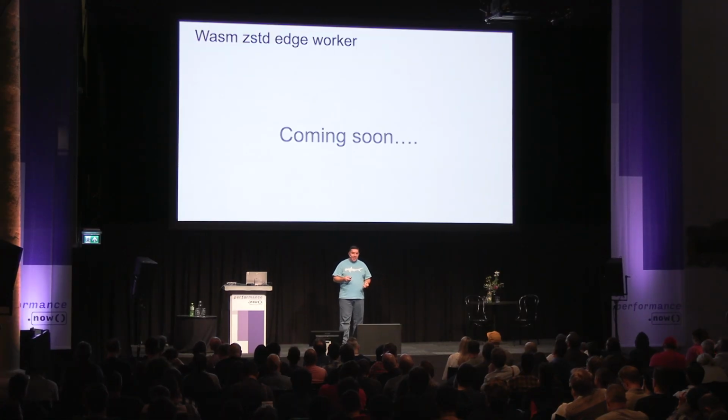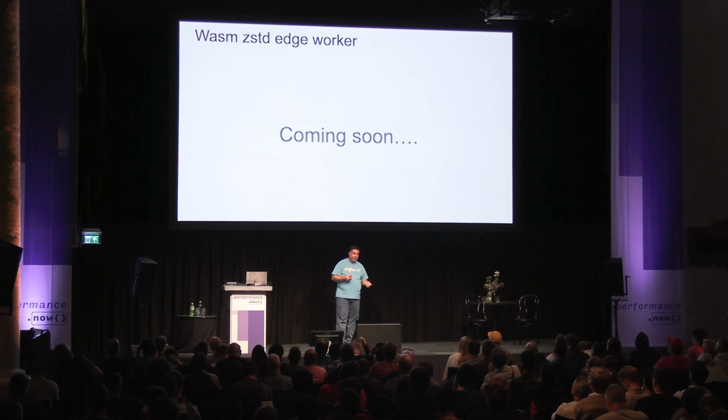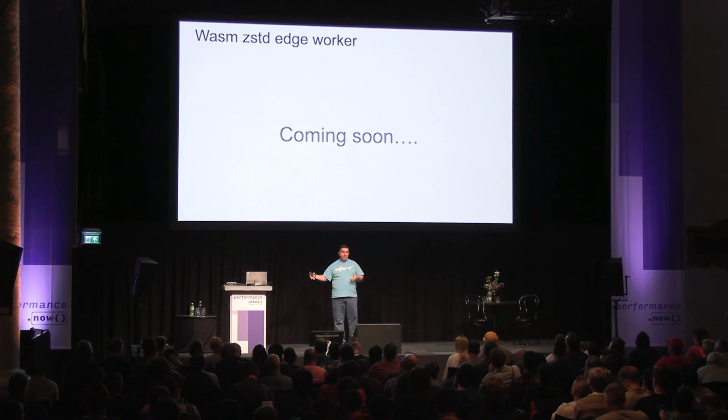Coming soon, I didn't have enough time to complete the work on it: I have a WASM build of Zstandard that can run in a Cloudflare edge worker. So if you don't want to do the dynamic compression for the HTML case on your origin, you can run it on an edge worker on your favorite CDN. I just happen to be using Cloudflare because I'm familiar with their edge workers, but I think most will run WASM.